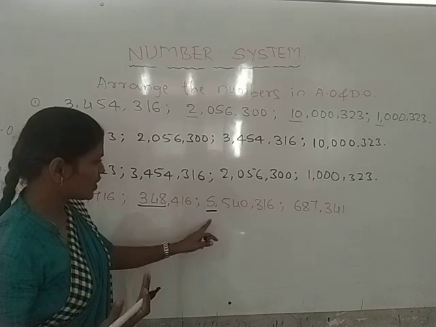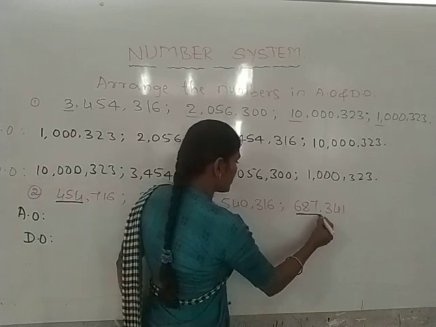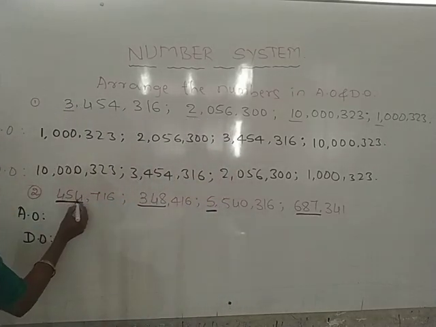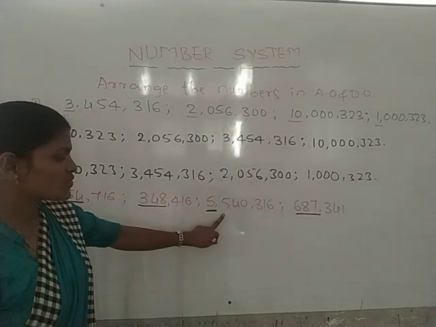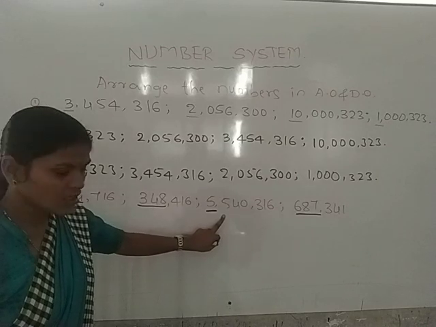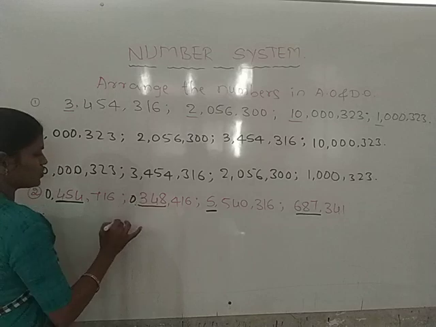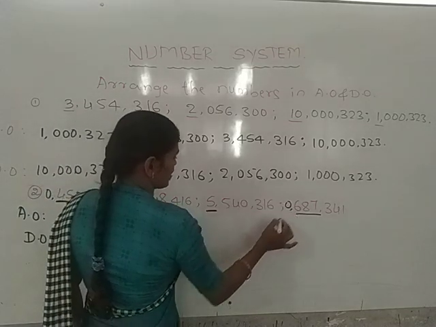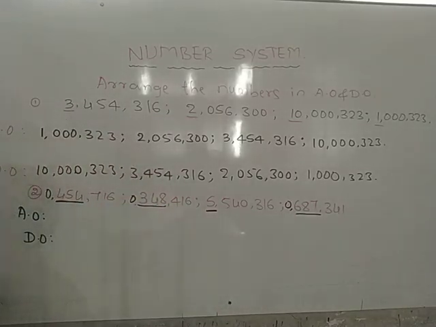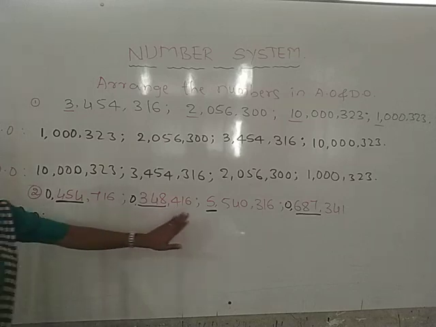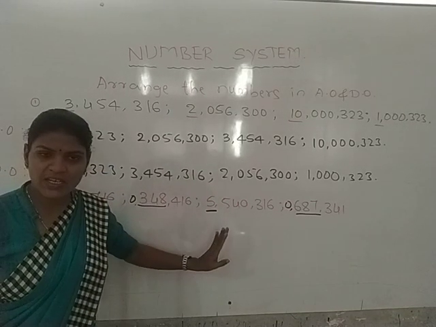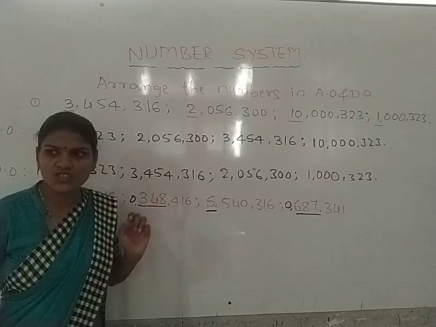So here the million place is more, and everywhere else only hundred place numbers are there. But here only one number has a million place. So everywhere else it is 0 million, 0 million, 0 million. Now, this is the highest number. 5 million is more than all the 0 million.